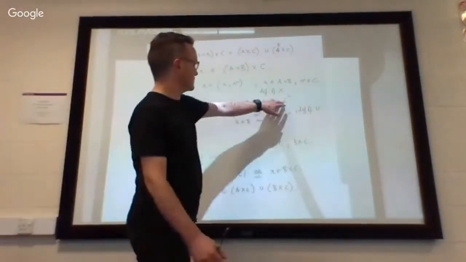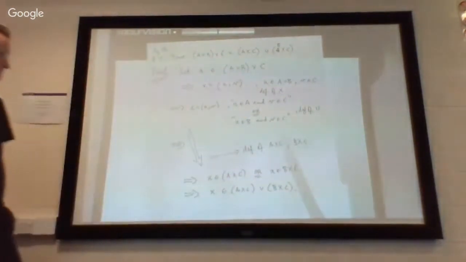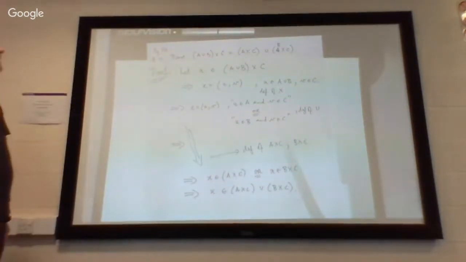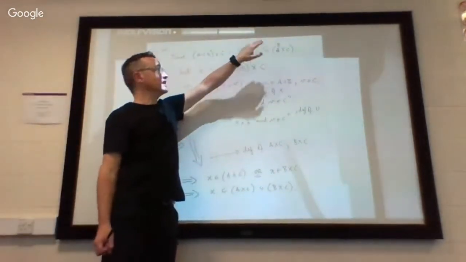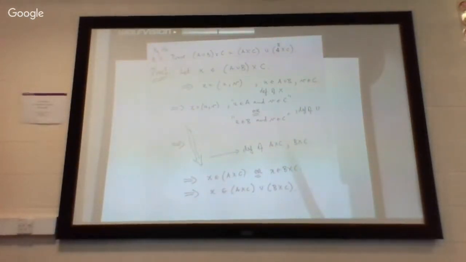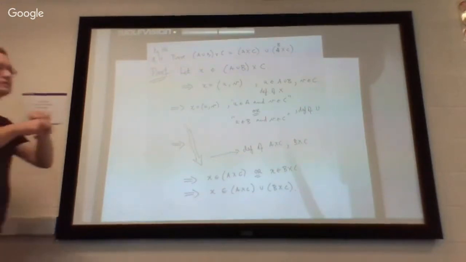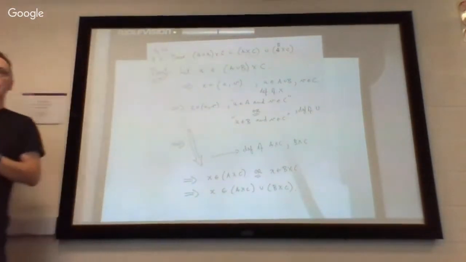This is saying X is in A cross C, and this one is saying X is in B cross C. So that proves that everything in the left-hand side is in the right-hand side. So the left-hand side is a subset of the right-hand side. That's only half the argument. We then have to do the second half. We have to take something from the right-hand side and prove that it's in the left-hand side.